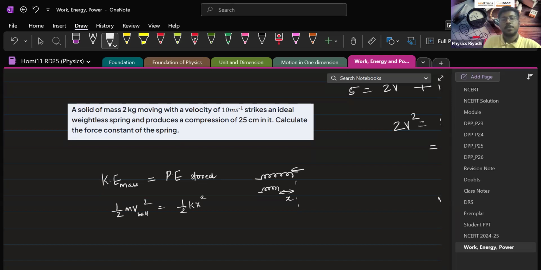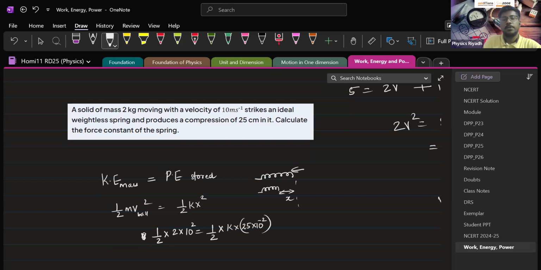Calculate the force constant. Mass is 2 kilogram, velocity is 10, so half into 2 into 10 squared is equal to half into k, which we have to calculate, into displacement, 25 centimeter, 25 into 10 power minus 2, whole square.